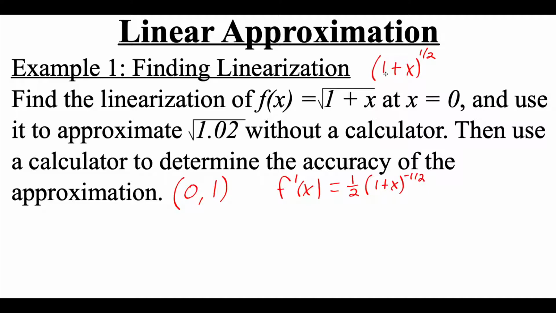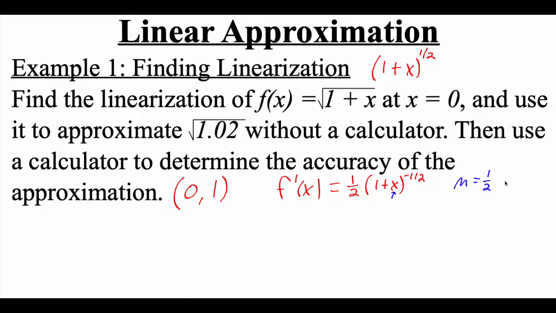Technically, we should do the chain rule, but the derivative of the inside stuff would just be 1, so we don't really need to attach a times 1 there. But then we want to find the slope specifically at this x value of 0, so I would plug in 0 for the x in the derivative, and when we do that, we get a slope of 1/2.